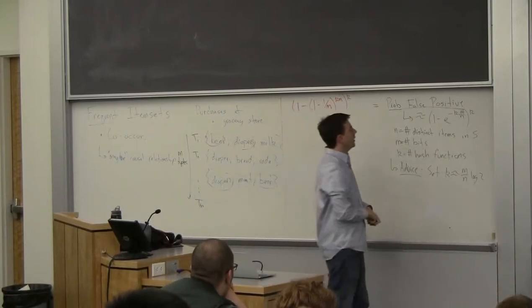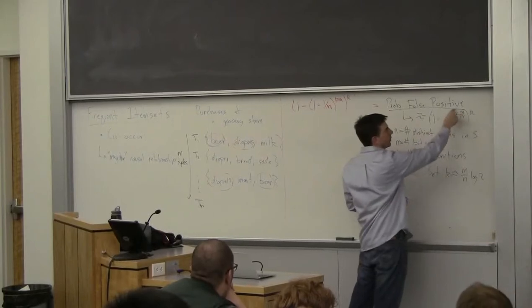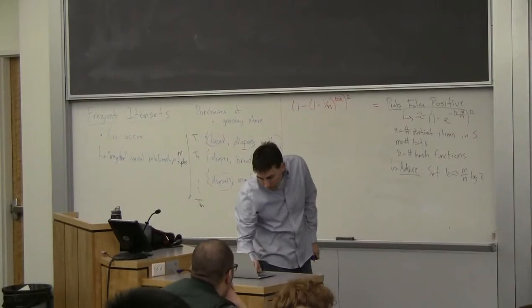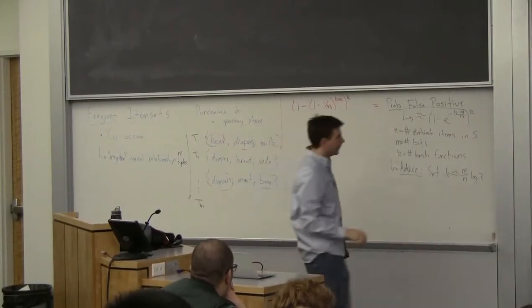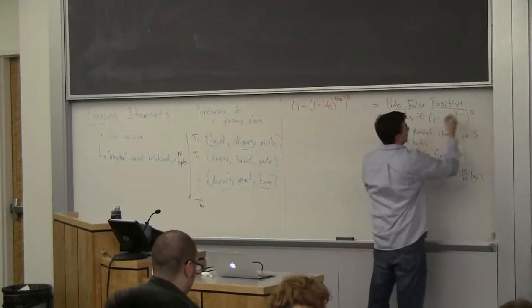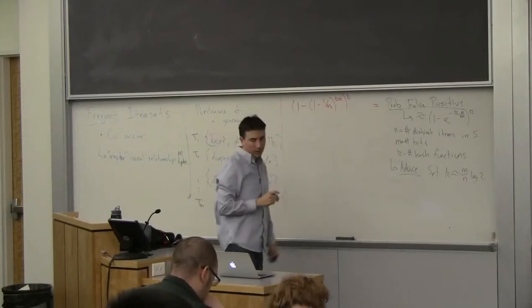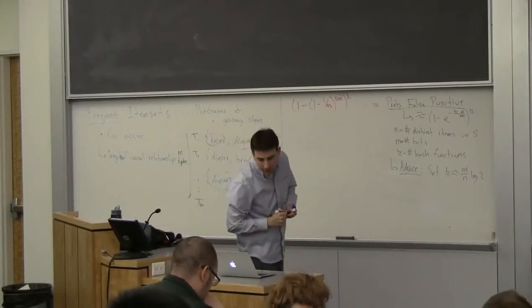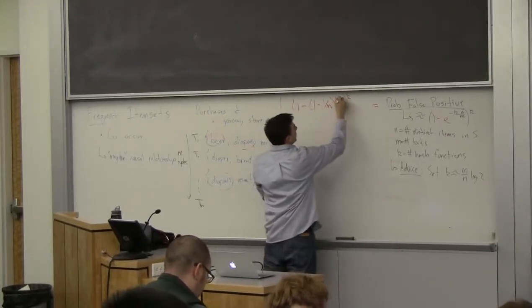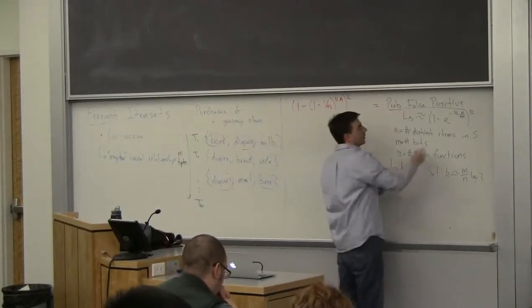What's going on here is e to the minus something, this should be n over m here. Okay, so this one's a bit easier to understand.